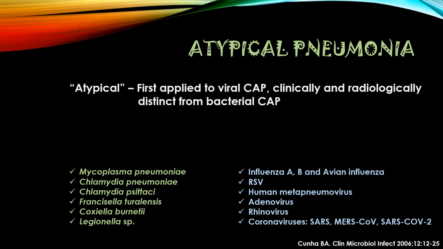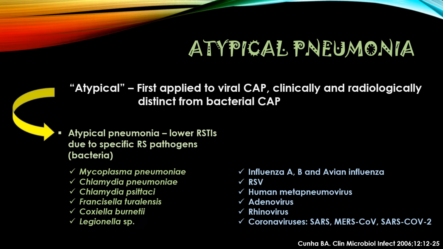Atypical pneumonia. The word atypical was previously applied to viral CAP, but now this entity of pneumonia can be caused by bacteria and viruses. When we use the word atypical pneumonia today, we generally refer to lower respiratory tract infection due to specific pathogens that are bacteria.